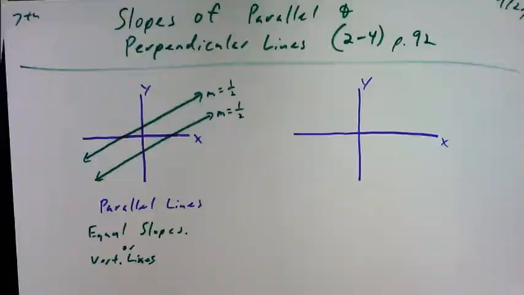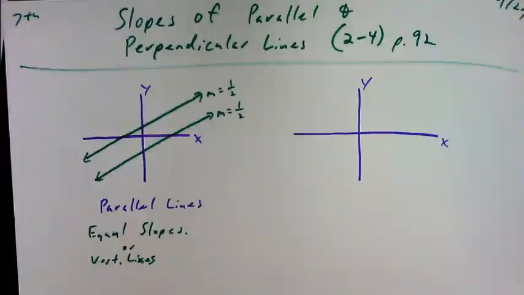So you either have two lines with equal slopes, or you have two vertical lines to make parallel lines. Why is vertical line separate? What's the slope of a vertical line? It doesn't have a slope. It's undefined. Slopes are undefined for vertical lines.